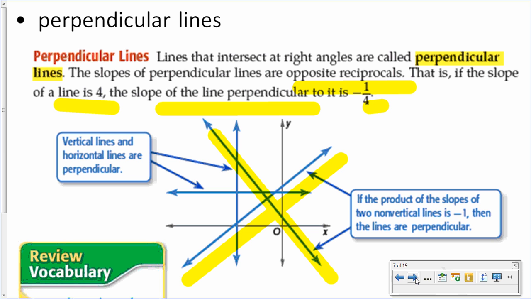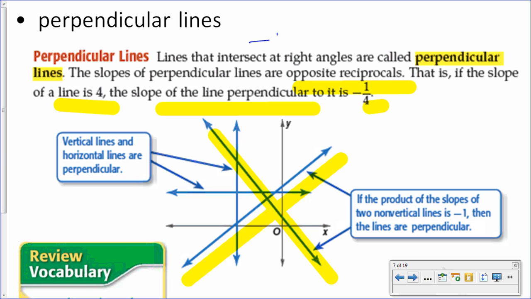Okay, perpendicular lines. How are these different? Perpendicular lines, what is it about their slopes that's going to be different than what we just talked about? Kind of the opposite what? Reciprocals, right? So write these examples down so you kind of get a feeling.